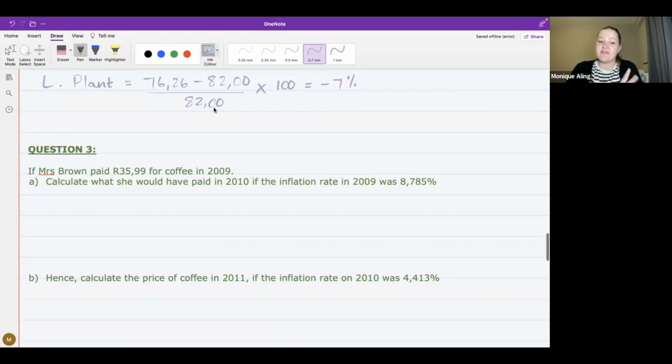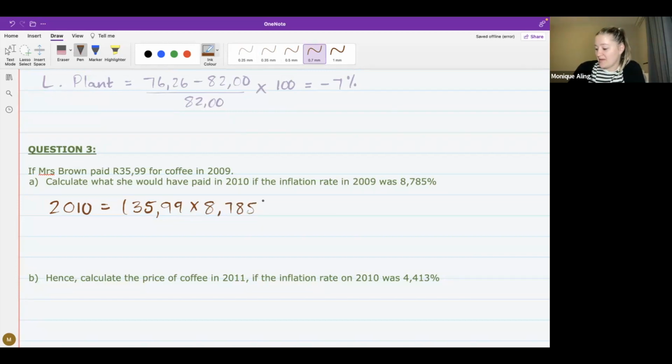Okay, do we have an answer for A? How much is coffee going to cost in 2010? Nice, buddy. So in 2010, we take the price from 2009, times it by the inflation rate.